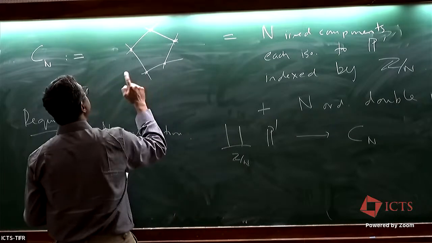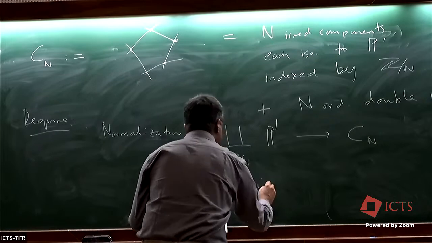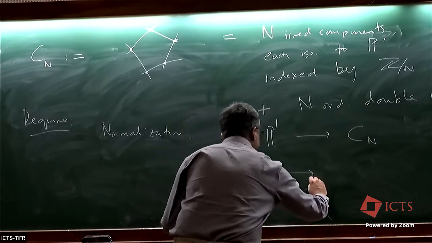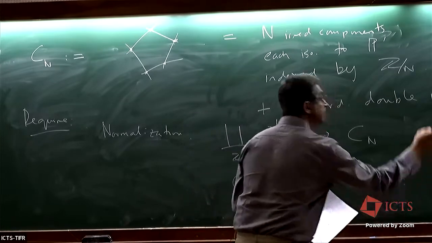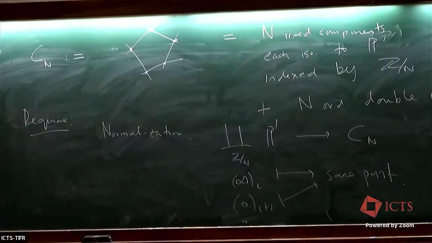So this is 0, 1, and infinity of the other. Infinity of the ith component and 0 of the (i+1)th component map to the same point. You can see why that's a Néron 1-gon now. There's only one side there, and 0 and infinity are glued together.